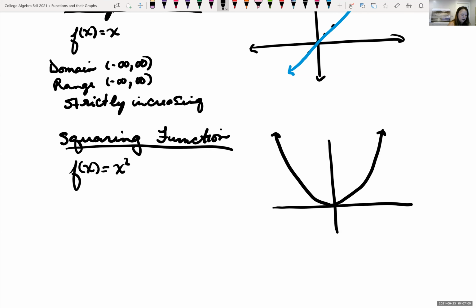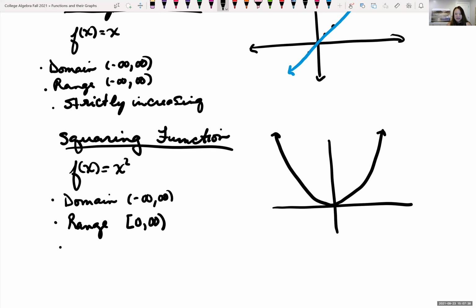Here, our domain is all reals. But the range, looking at this, notice the y values that we're hitting. The smallest y value that we hit is 0. So our range starts at 0, including 0, so we have a bracket around that 0, and then infinity.